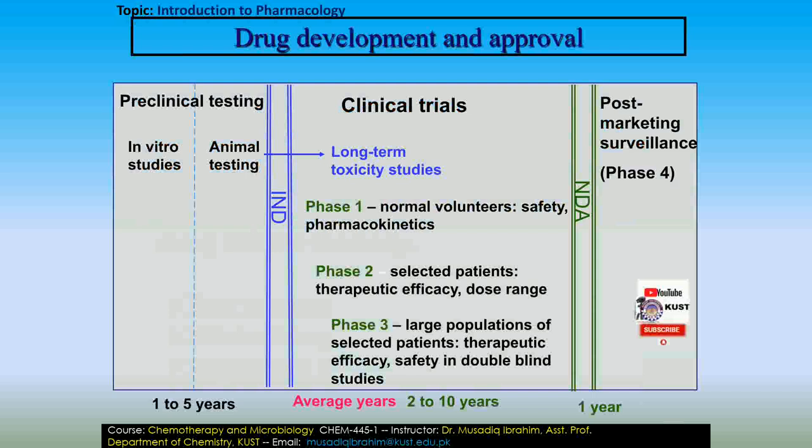So that is animal testing, and this in vitro study and animal testing takes 1 to 5 years.